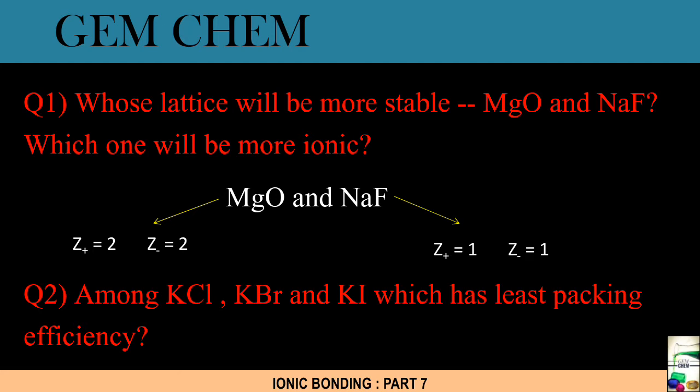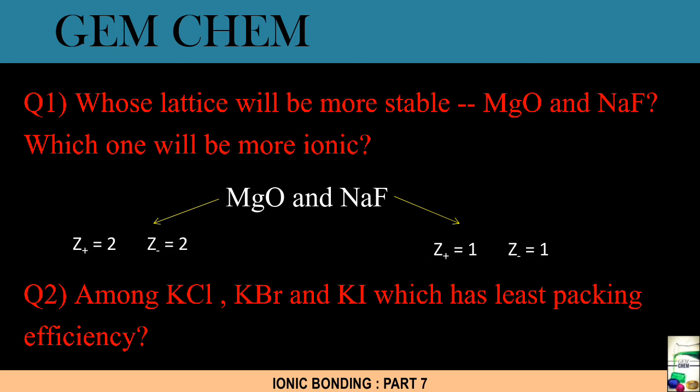Now you have to remember that if the size of the cation and anion are close to each other, then the packing in the crystal lattice will be more efficient, and corresponding to that, their lattice is expected to be more stable. And this can answer our next question: among KCl, KBr and KI, which has the least packing efficiency? You have to remember, if the sizes of cations and anions are close to each other, then the radius ratio will also be higher.